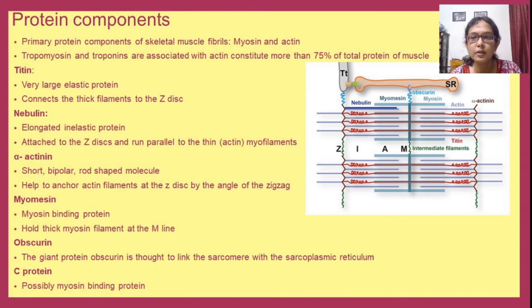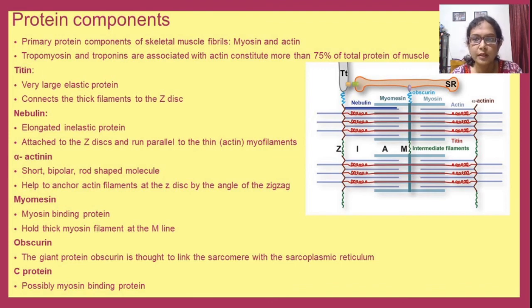Titin is the small red color protein, you can see here, that connects the thick filament, that means the myosin filament, with the Z line or Z disc. Nebulin is the small blue color protein that attaches the Z disc with the actin filament. Another protein, alpha actinin, you can see in black in the Z line in a zigzag pattern.